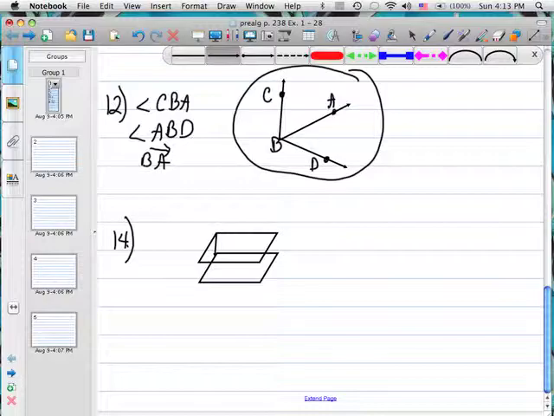So if we have this figure here, it's like a box.